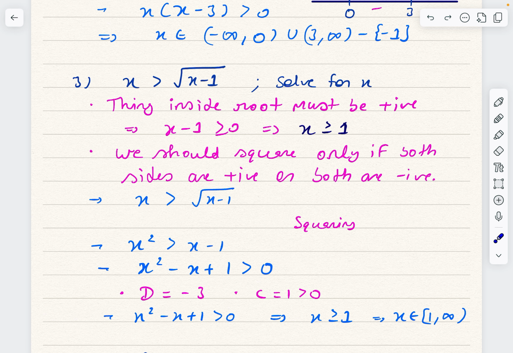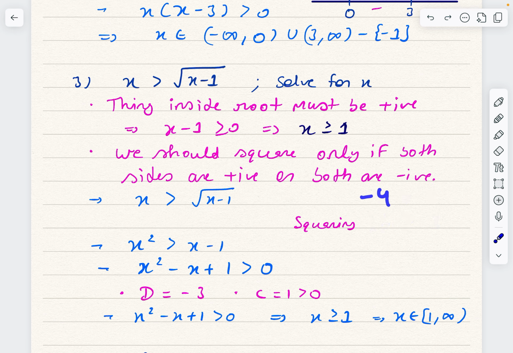Next. When we have a square root problem, to solve it, we'll have to square. But there also we have some conditions. We should square only if both sides are positive or both are negative. What do I mean by that? If I say 4 is more than 1, you square both sides, you get 16 and 1, which is still true.